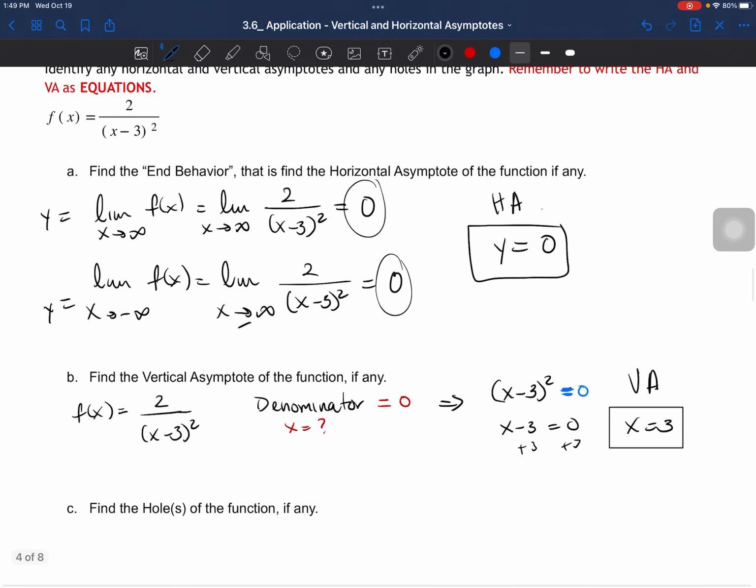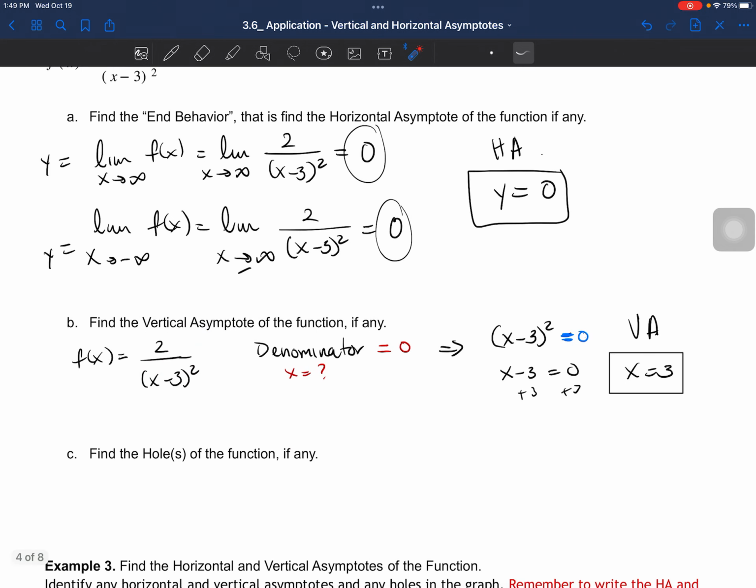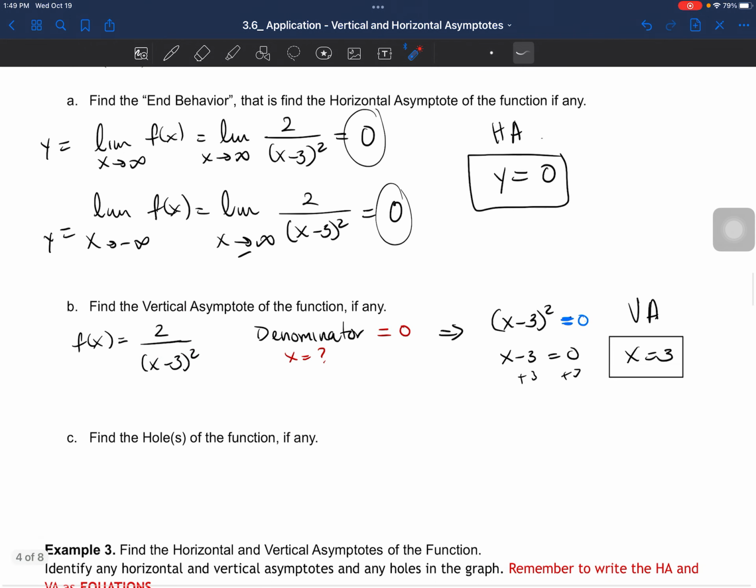Now we have to find the holes. Typically a hole will happen whenever you have an undefined value on the denominator that was canceled on the numerator. In this case, there wasn't. There was no cancellation of a zero with the zero on the numerator, like there was no cancellation of a factor.